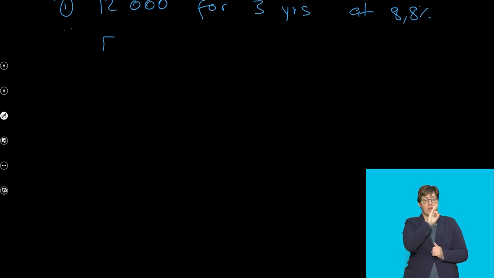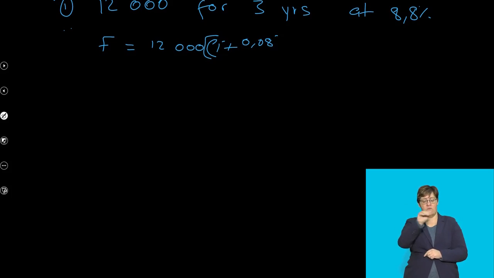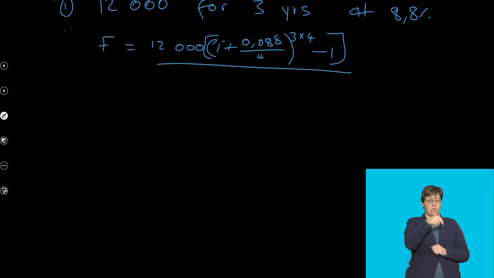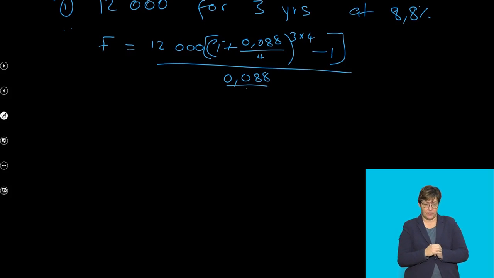So I will then say F is equals to 12,000 into 1 plus 0.088 all over 4 to the exponent of 3 multiplied by 4 minus 1 divided by 0.088 over 4.